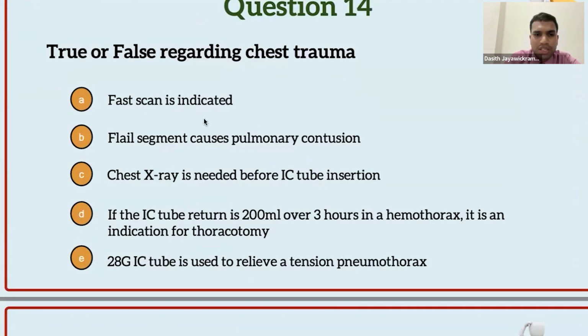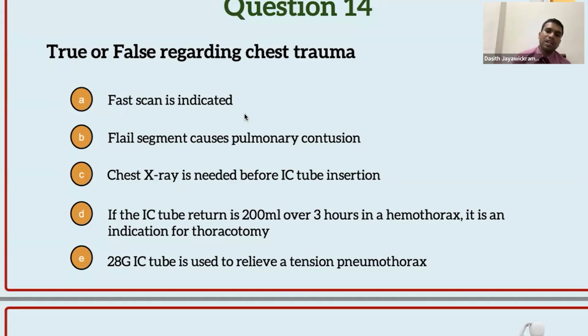We might see it on the ultrasound scan. And chest trauma, especially on the lower side, might injure the spleen and the liver with lower rib fractures. That can cause abdominal bleeding. So the FAST scan is indicated in chest trauma.